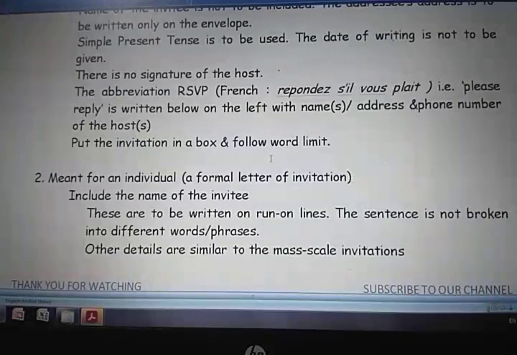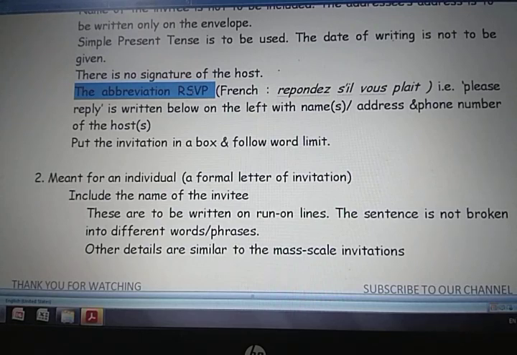And always remember, we write an abbreviation RSVP. Though it is written, most of the people, they do not know what is the actual meaning of that. It is a French word. It is a French abbreviation, French phrase.